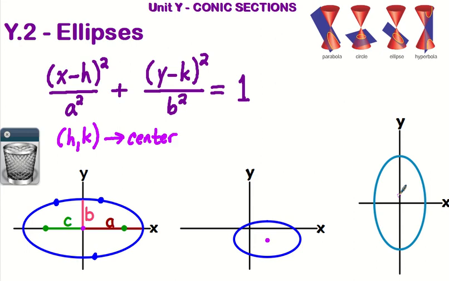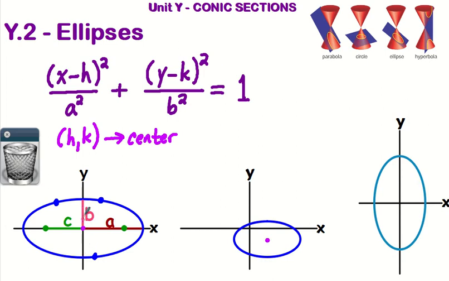But you always call your larger radius your major radius, or your entire diameter you can call your major axis. And your more minor values, like your minor radius, or this whole thing right here, would be your minor axis.